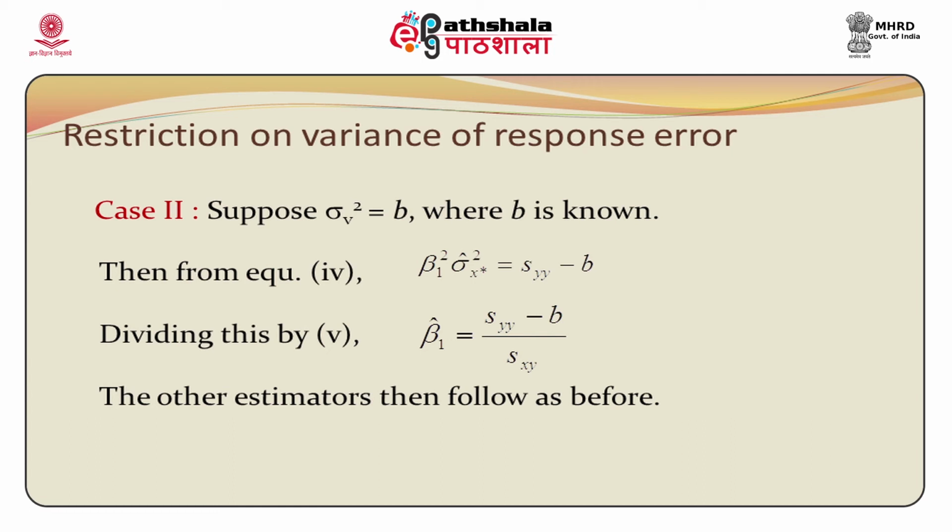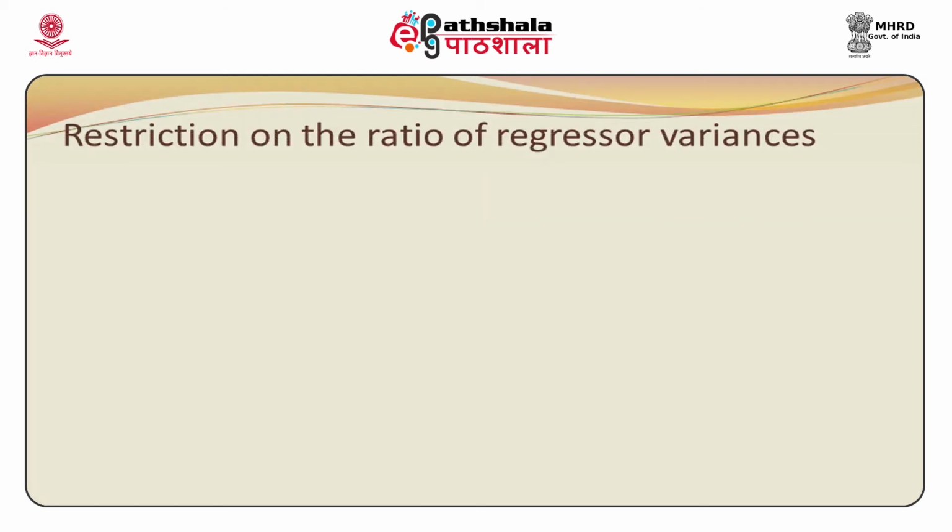Similarly, if b is equal to 0, we will have a response which is not contaminated with error, and we will be going back, not exactly to the same estimates, because mind you, the problem comes in when you have errors in the x variable, but we can use this method to get an estimate of beta 1 hat. But for the first case, of course, you can use the ordinary least squares. Let us look at the third case.